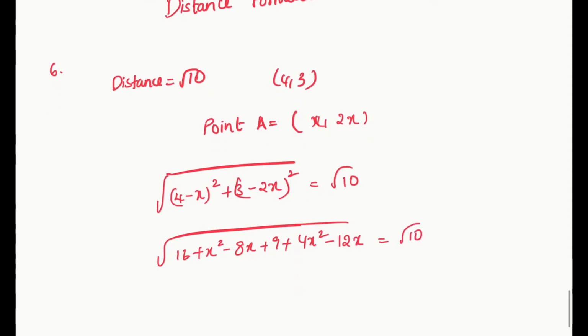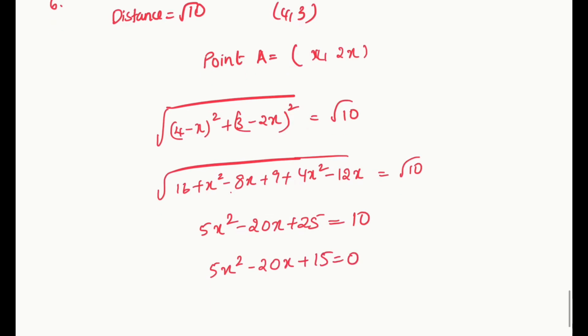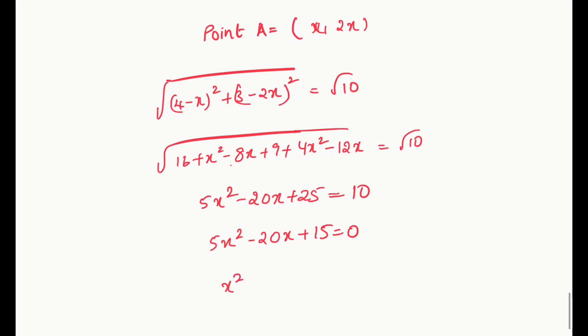Now taking out the root, x square plus 4x square is 5x square, minus 8x minus 12x gives minus 20x, plus 25 equal to 10, right? So 5x square minus 20x plus 15 equal to 0. Dividing by 5 you get x square minus 4x plus 3 equal to 0.